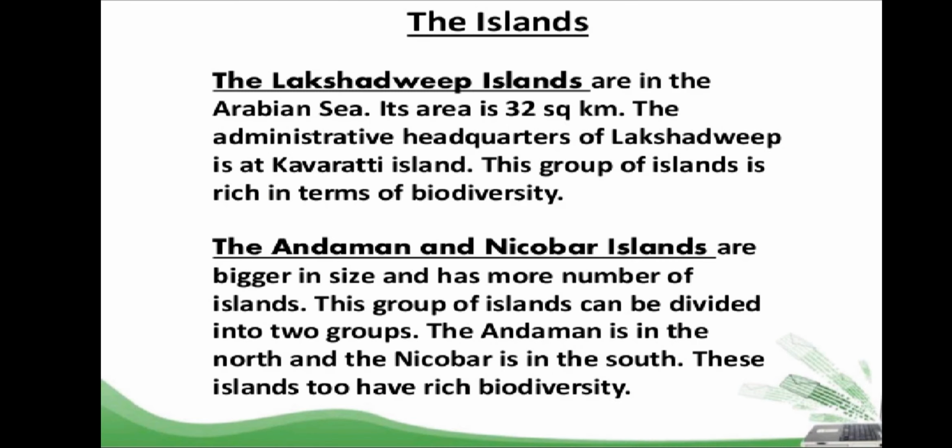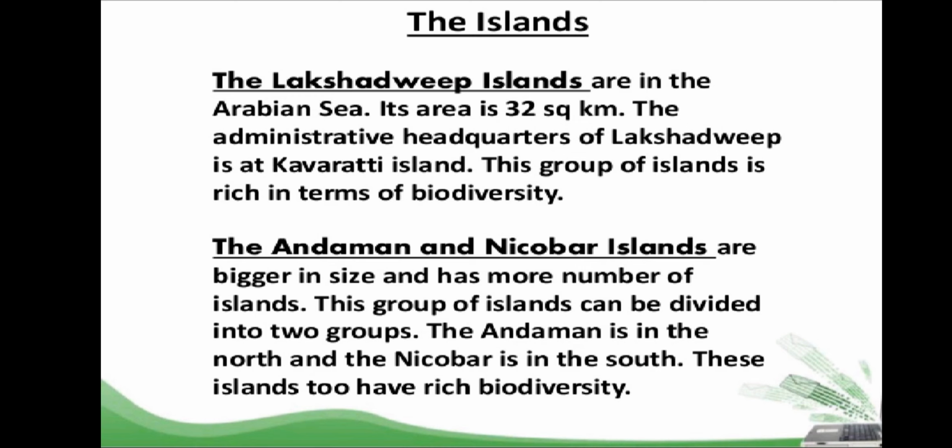Its area is 32 square kilometers, very small in size of course. The administrative headquarters of Lakshadweep is at Kavaratti Island. This group of islands is rich in biodiversity. Biodiversity means flora and fauna.